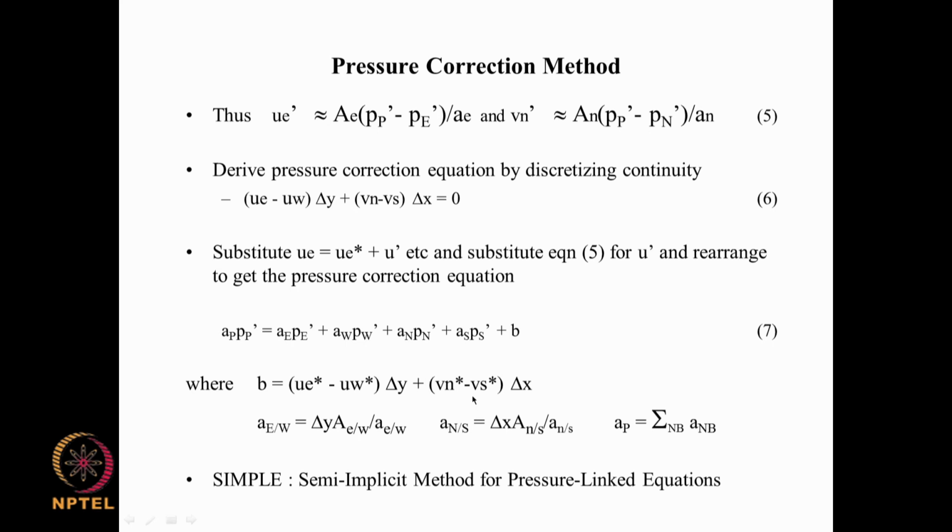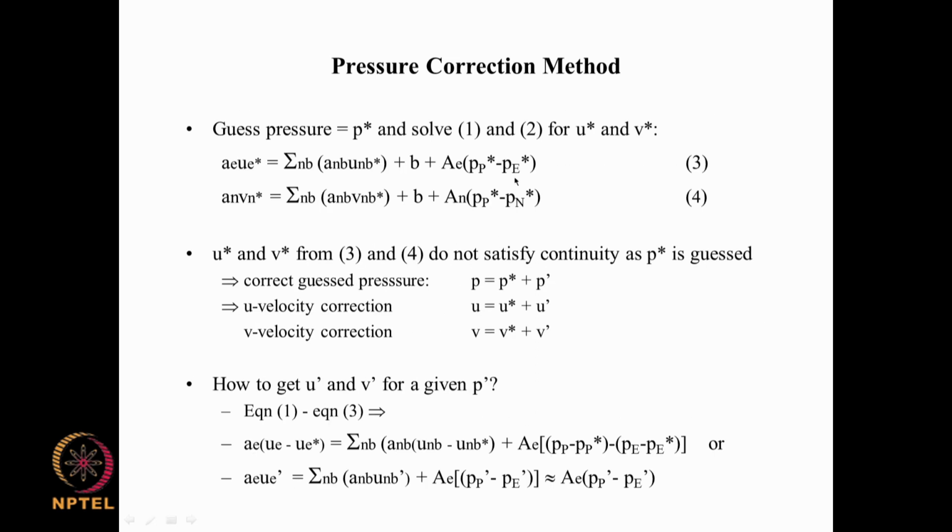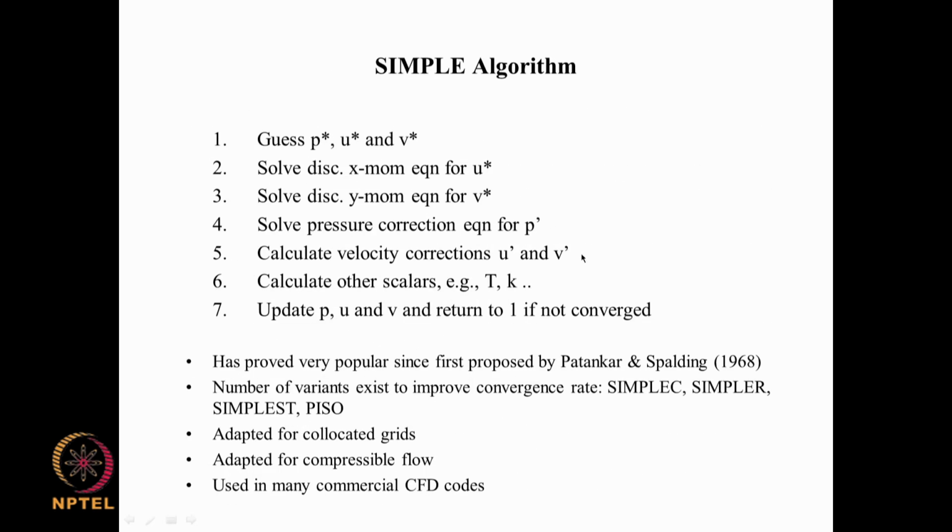So, that is why we have to solve the pressure correction equation and the discretized x momentum equation and the discretized y momentum equation iteratively, so that each time we are making updates, and eventually and hopefully it will converge, and the converged solution is such that the pressure corrections and velocity corrections are 0. Okay.